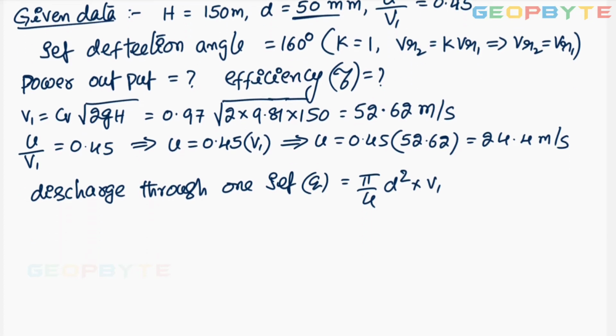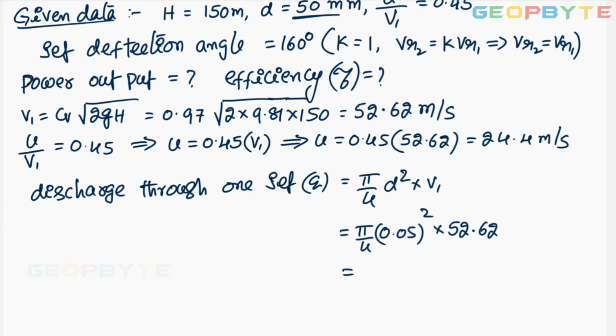It is equal to pi by 4 into jet diameter 0.05 meter whole square into V1, 52.62. Simplify this value for getting the discharge through one jet, 0.103 meter cube per second.